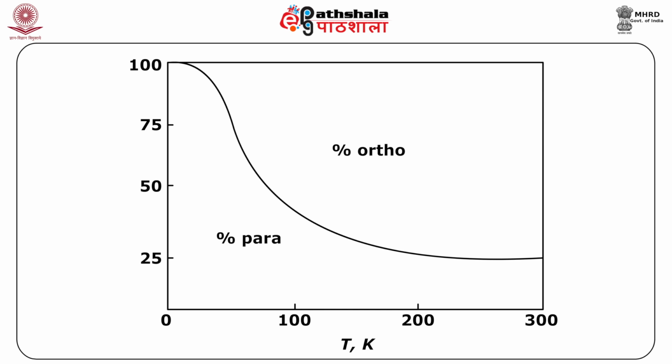But if you go to higher temperature, maybe at room temperature, the maximum composition of ortho which one can get, as you can see here, is 75%. Para will be 25% and ortho will be 75%. So, you can never get hydrogen as a mixture of 100% ortho, that is not possible, and the maximum you can get is in the ratio of 3:1.